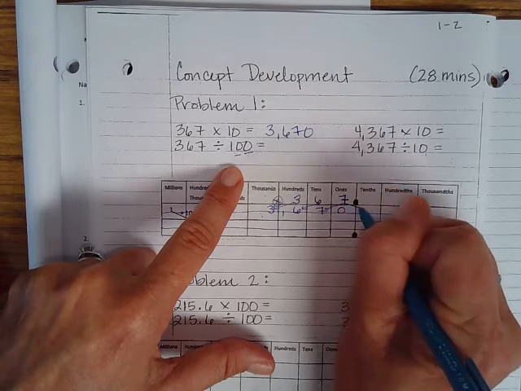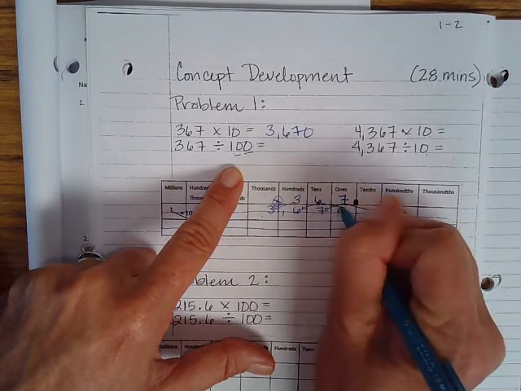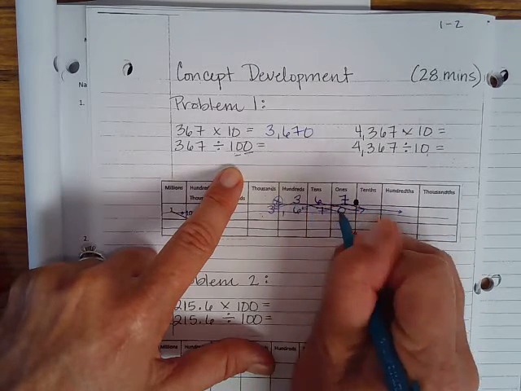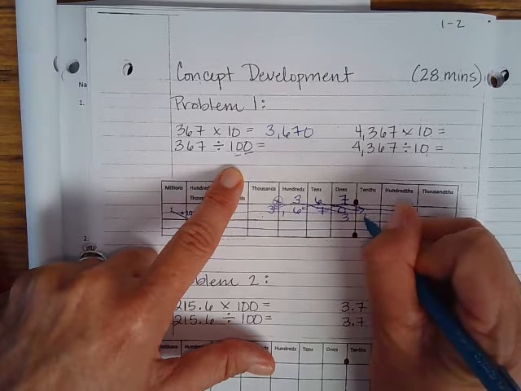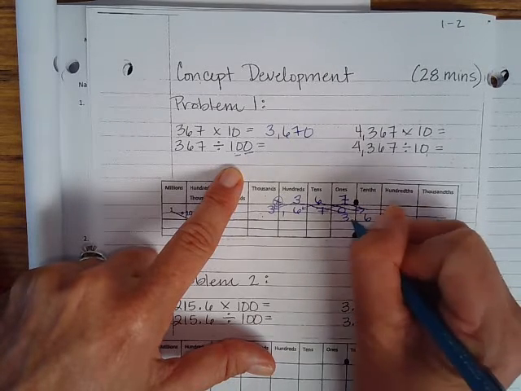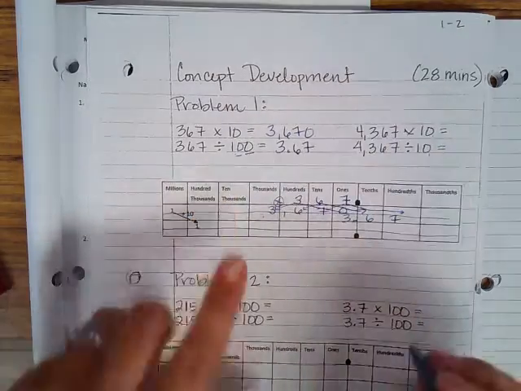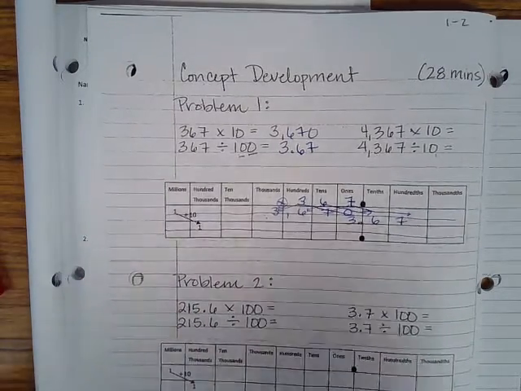So I'm going to move this once, twice. So my new number becomes 3.67. And if you want to make a little chart on your own down here, you can always do that as well.